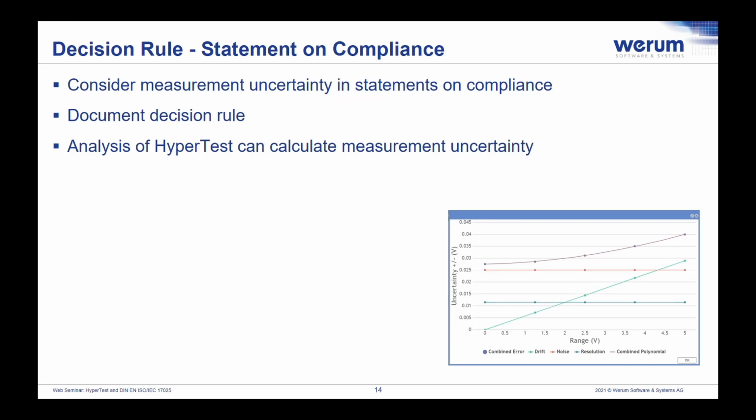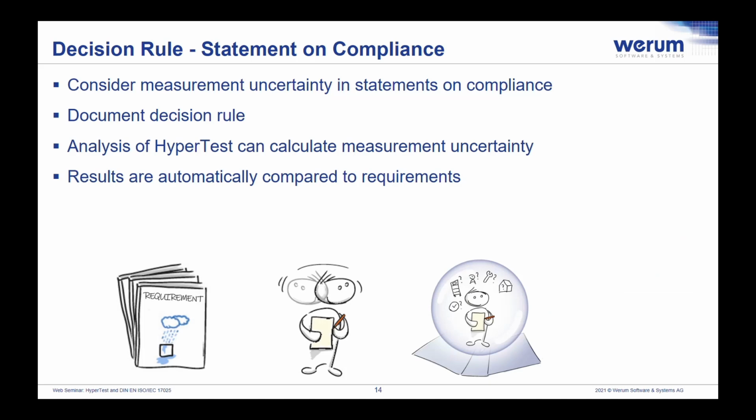As part of the evaluation procedure, the measured data can additionally be transferred to a suitable analysis tool, and the results are returned to HyperTest. The fact that HyperTest assigns all data to the relevant test order makes it easy to compare the results to the requirements.